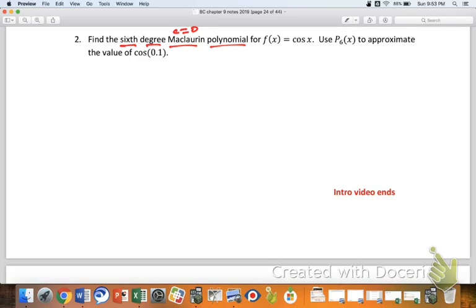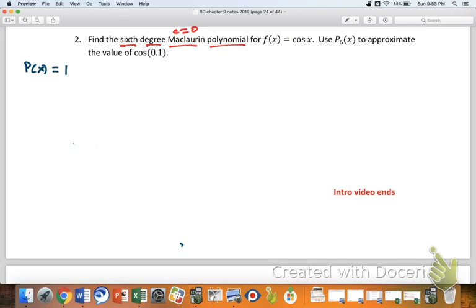Okay, so first thing I need to do here is find my first term. So my first term is going to be f of 0. I'll just erase some of this as I go along, but I'm going to find f of 0 first. And f of 0 would be cosine of 0, and cosine of 0 is 1. So my first non-zero term is 1.